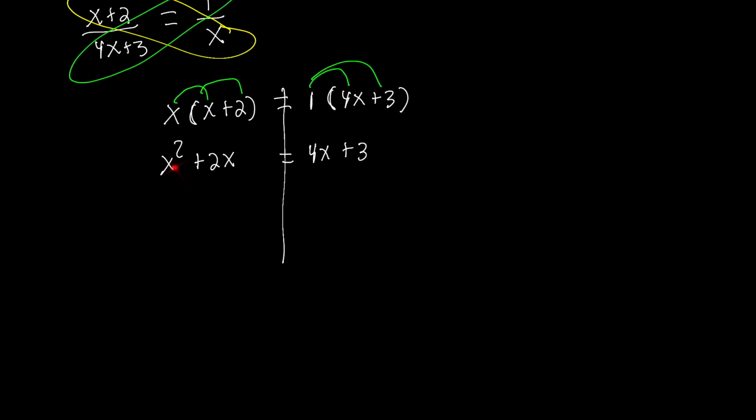I notice that I have a quadratic here on the left, and I also have an x term. So my objective now is going to be to collect all x's and then move the constant with the x squared and the x to form a trinomial. So I have x squared, and if I subtract 4x from both sides, I'm going to get a negative 2x.